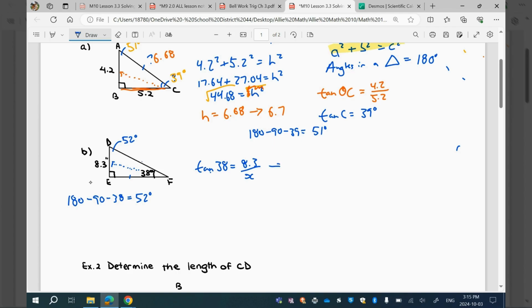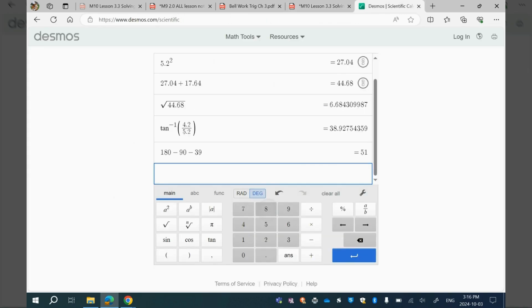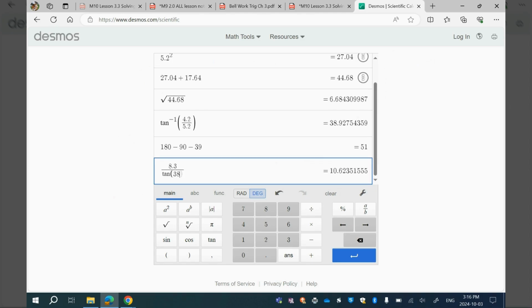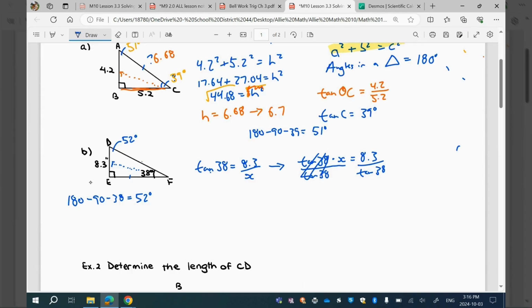It's going to look like this: tan 38 times x equals 8.3. We want the x by itself, so we can divide on both sides by tan 38. This is going to become 1, and we're left with x equals 8.3 divided by tan 38. So let's go 8.3 divided by tan 38, close bracket, 10.6. So x equals 10.6.